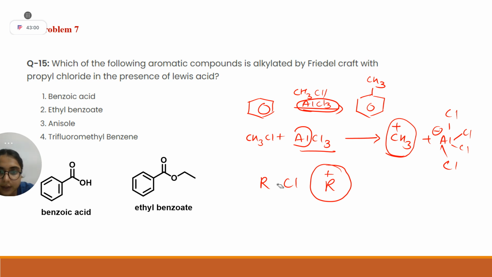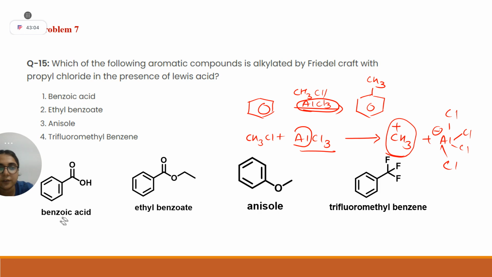This is your ethyl benzoate, this is your anisole, and this is your trifluoromethylbenzene. Now, who is going to answer this question? They are asking which of the following aromatic compounds is alkylated by Friedel-Crafts with propyl chloride in presence of Lewis acid. Have you understood the question?